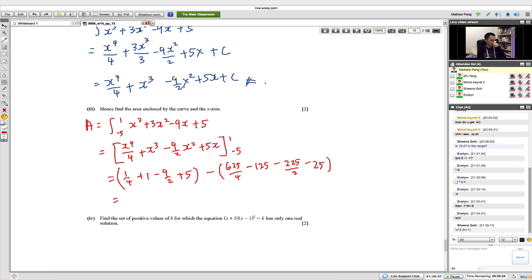Okay, let me try also. So 1 over 4 plus 1, minus 9 over 2 plus 5. This one will give you 7 over 4, minus this one: 625 over 4 minus 125 minus 225 over 2 minus 25.